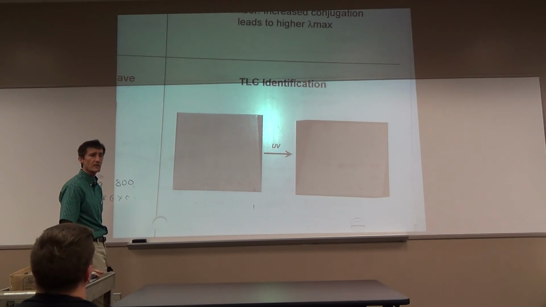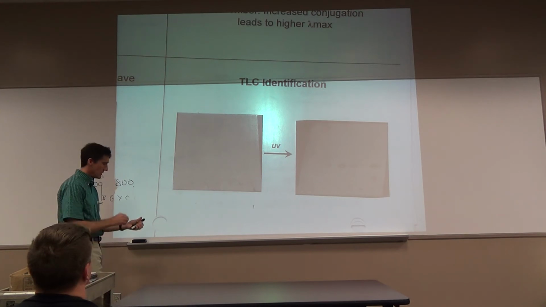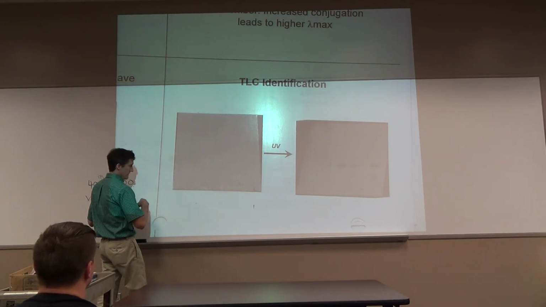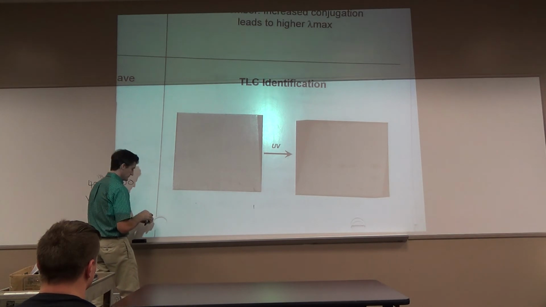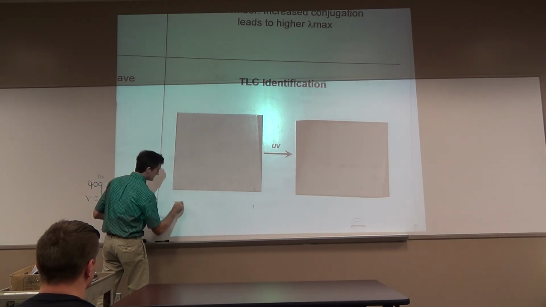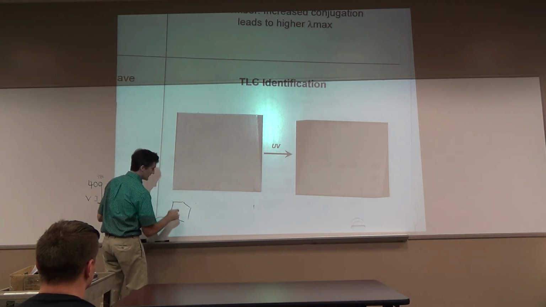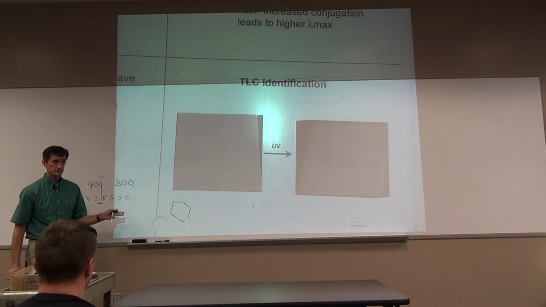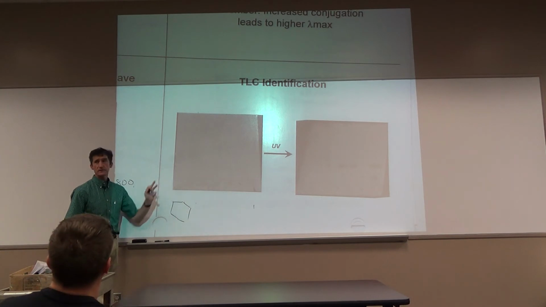Now there's also a dye on the plate that helps the color. But something like cyclohexane, you're not going to see it on a TLC plate.